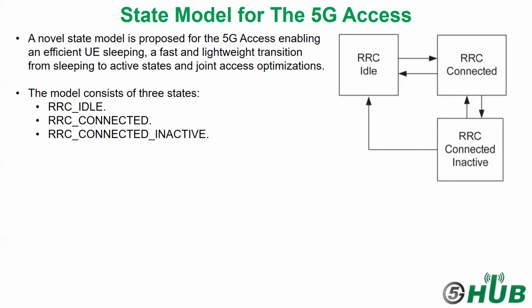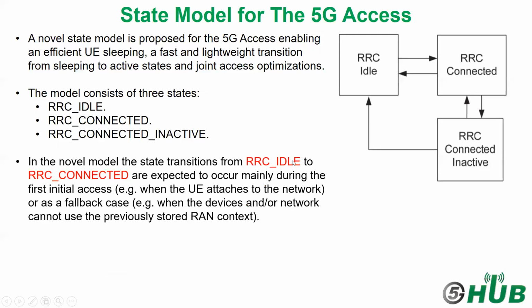It's proposed that the behavior of user equipment in RRC inactive state can be configured based on the service requirements of user equipments with different requirements. In this state, the transition from RRC idle to RRC connected is expected to happen mainly during the first initial access when the user equipment attaches to the network, or in the fallback case when devices and or network can't use the previously stored RAN context.